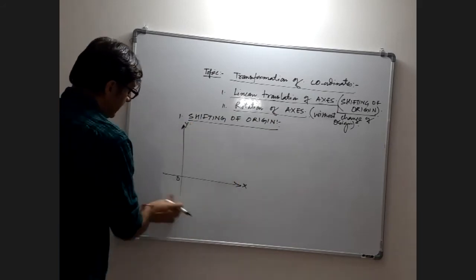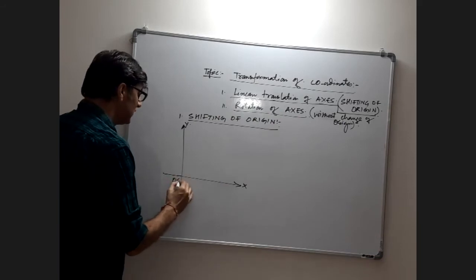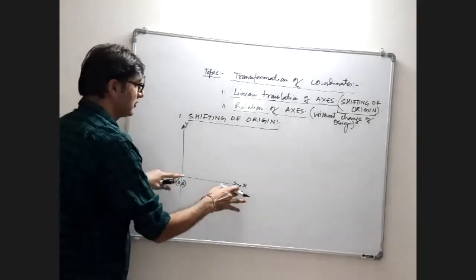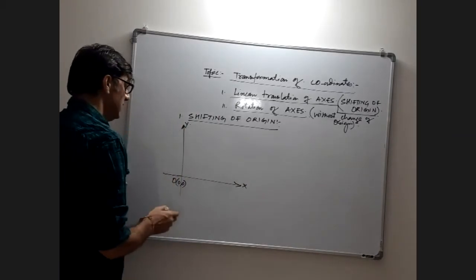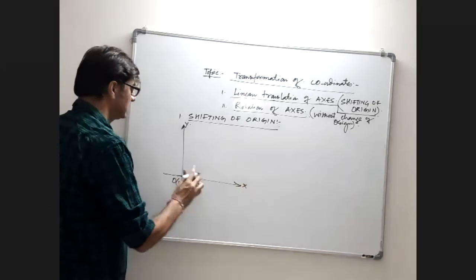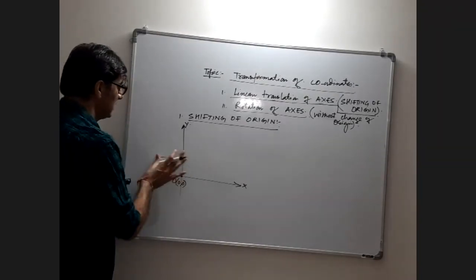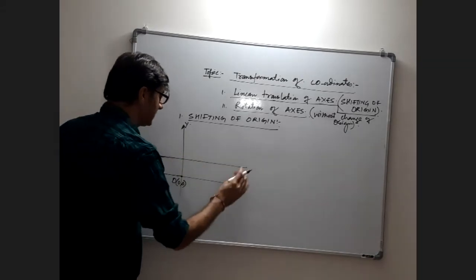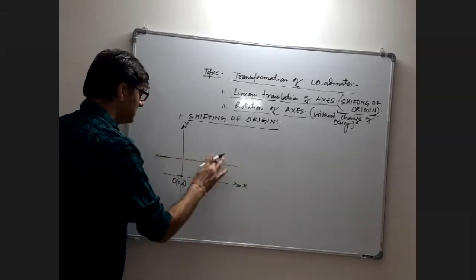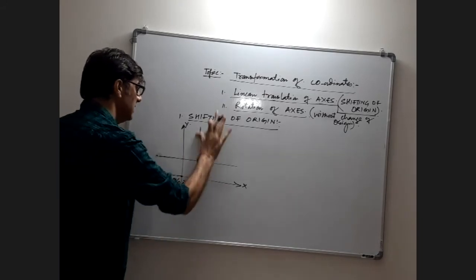Now we have an origin over here. This is one frame of reference that we call x o y. And now if we shift the origin by linearly translating the axes, that means the x-axis has shifted from here to here, and the y-axis has also shifted from here to here.